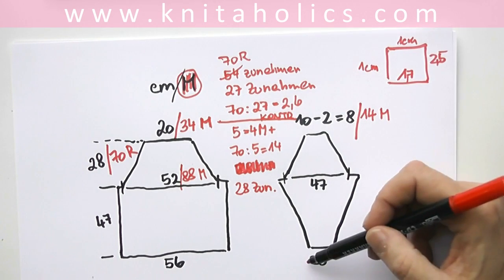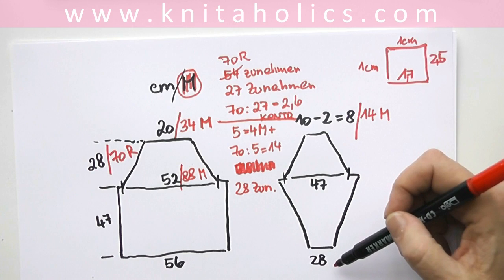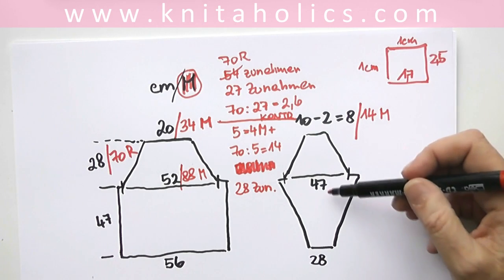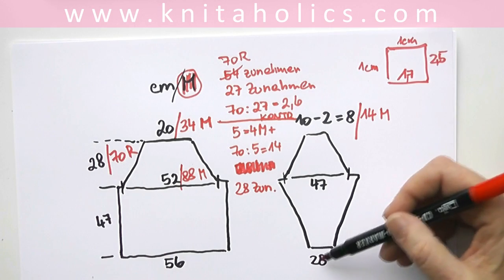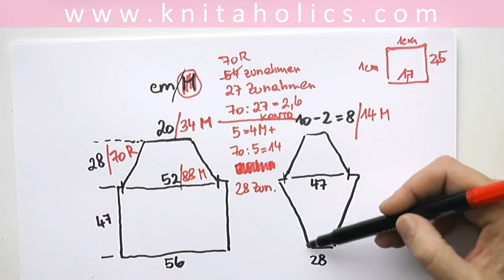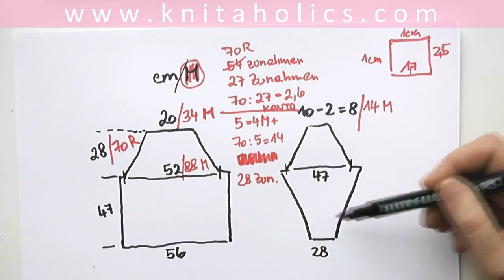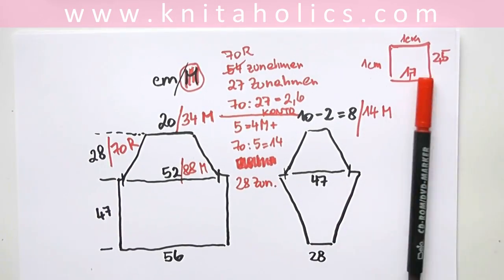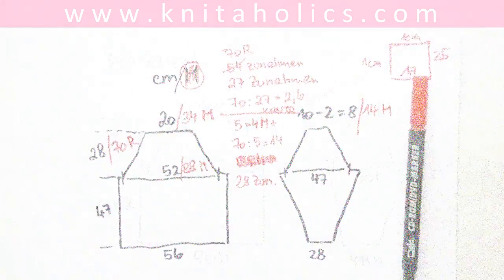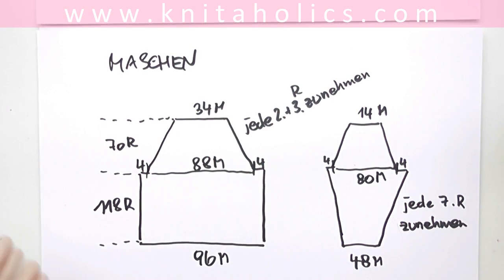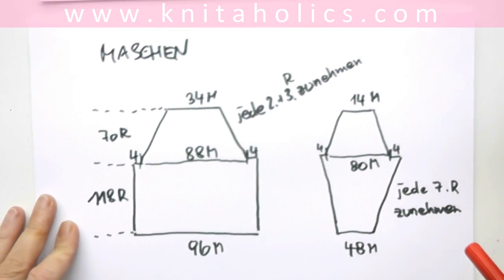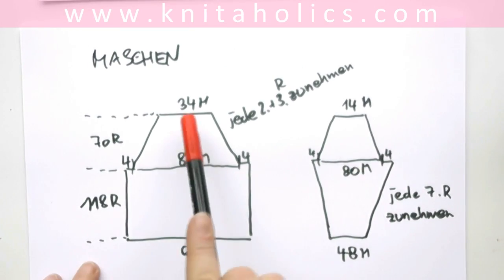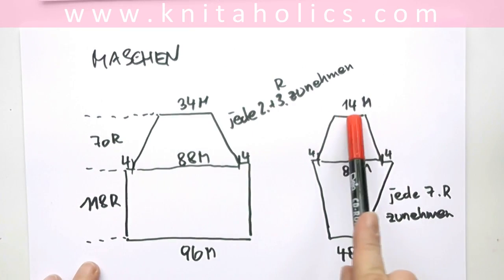We decrease over 118 rounds, and we have to decrease 19 stitches. We are decreasing on both sides, so that makes 9 decreases. 120 by 9 decreases results in a decrease every 7th round.